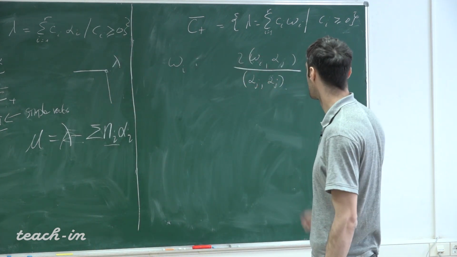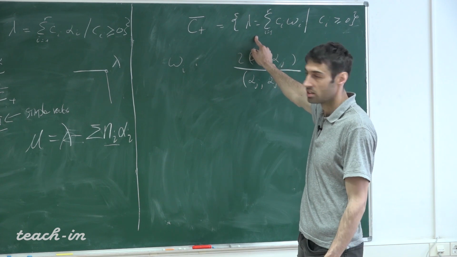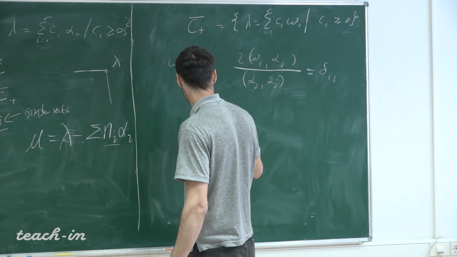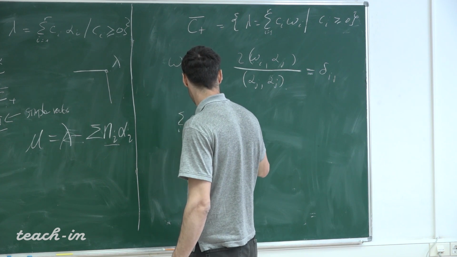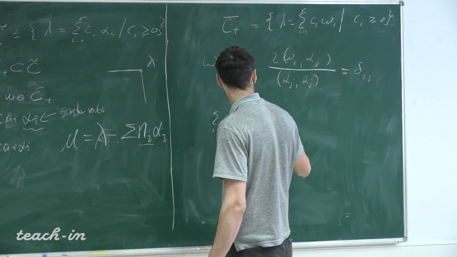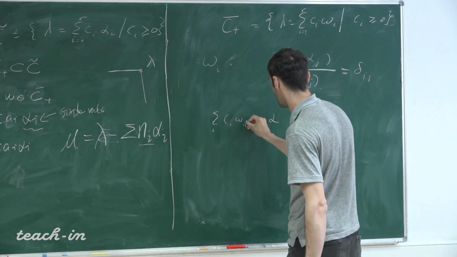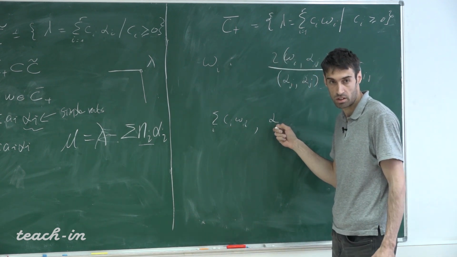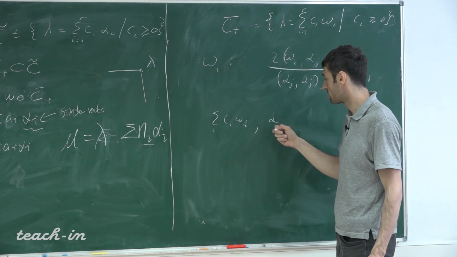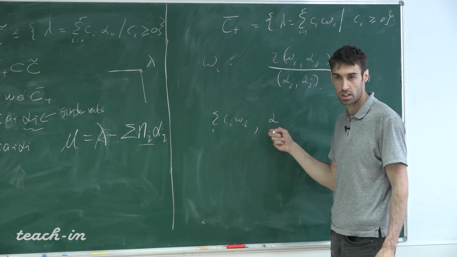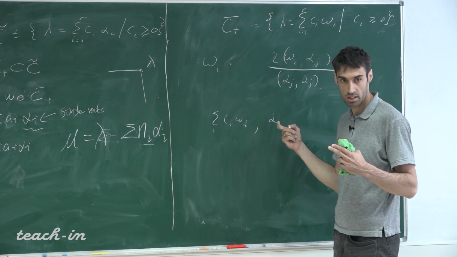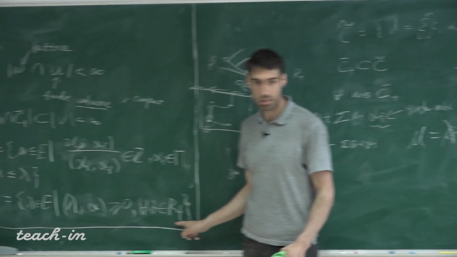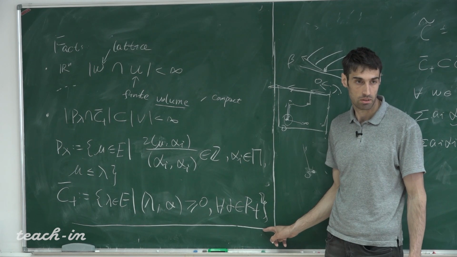So if I take something from this set and compute with some positive alpha, so positive alpha is the positive linear combinations of alpha i's, I can change alpha from R plus to alpha from pi.